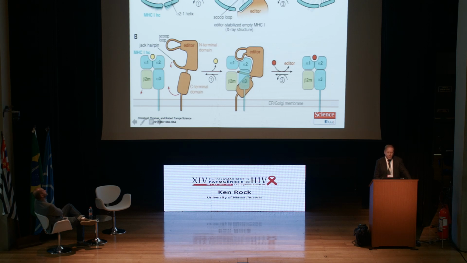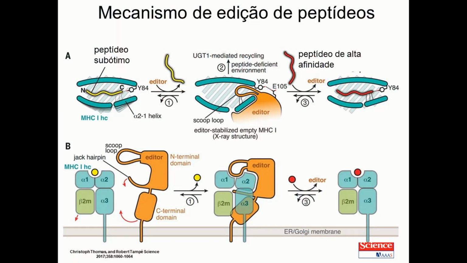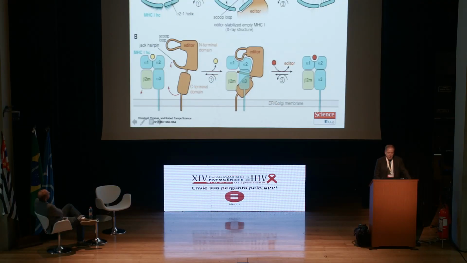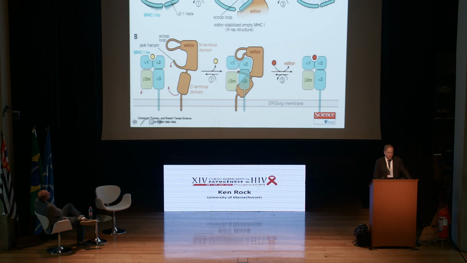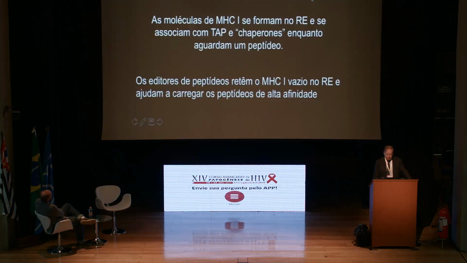If you have a low affinity peptide here and you break some of the interactions on this side, it's going to become even lower affinity, and these molecules are going to simply fall off. But if you have a high affinity peptide that comes in and binds fairly strongly, if you disrupt these interactions, it can still stay bound, right? And so this is a way that the system selects for higher affinity peptides.